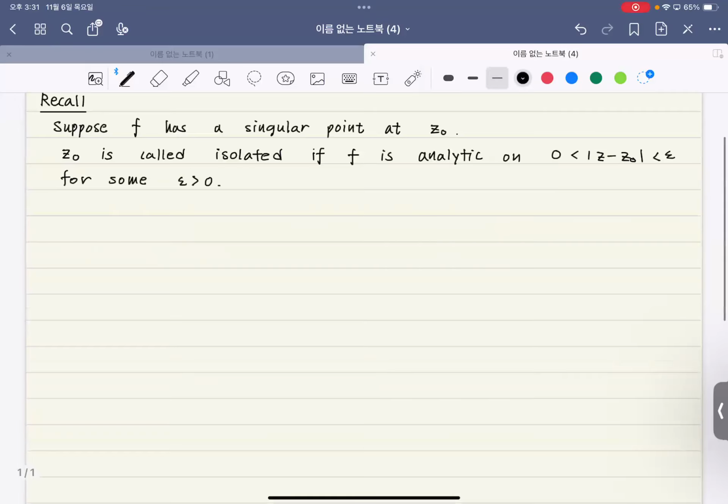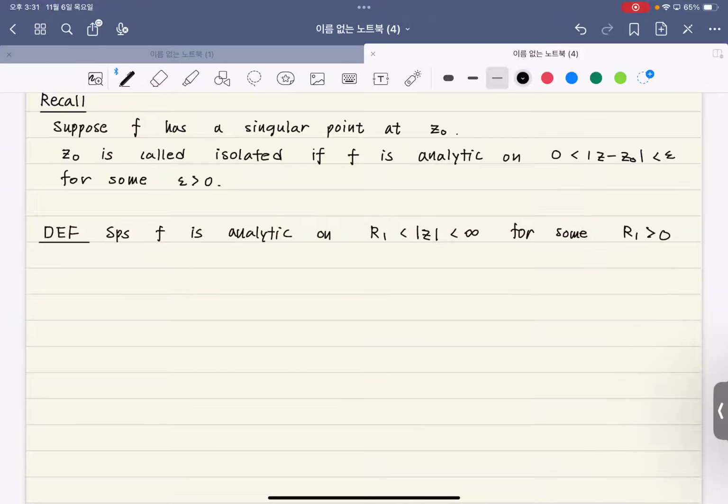And today, first I want to introduce the singularity at infinity. Suppose that f is analytic on some annulus.